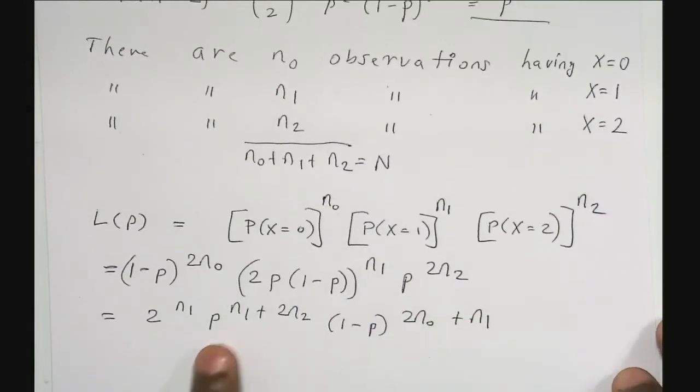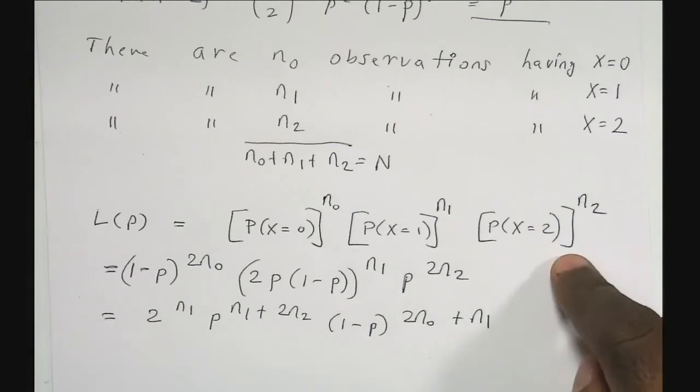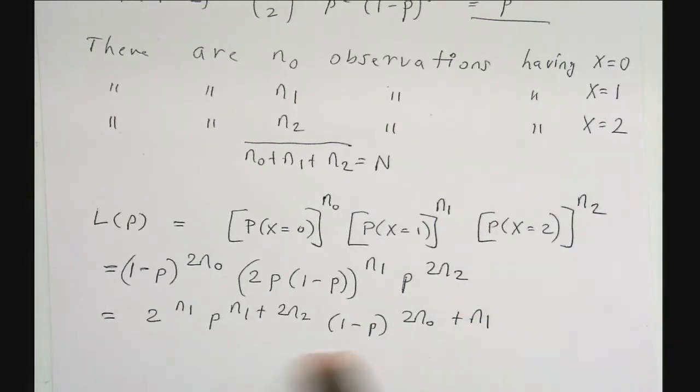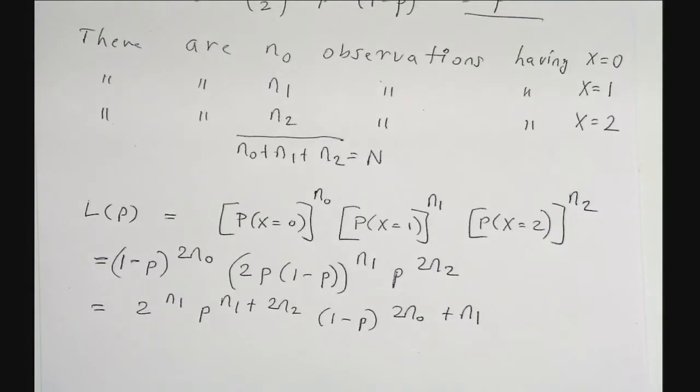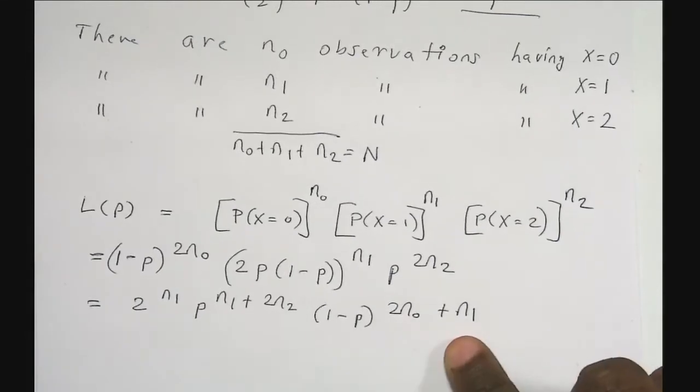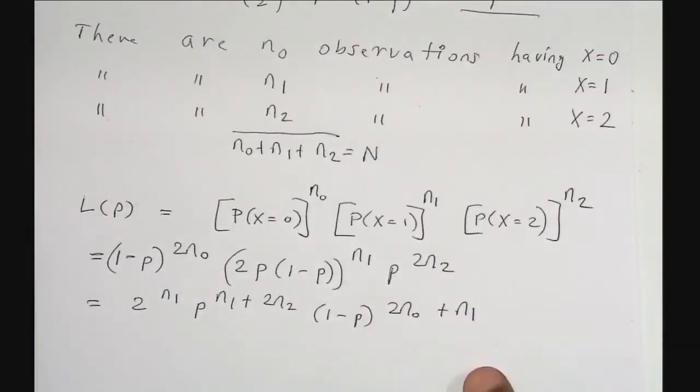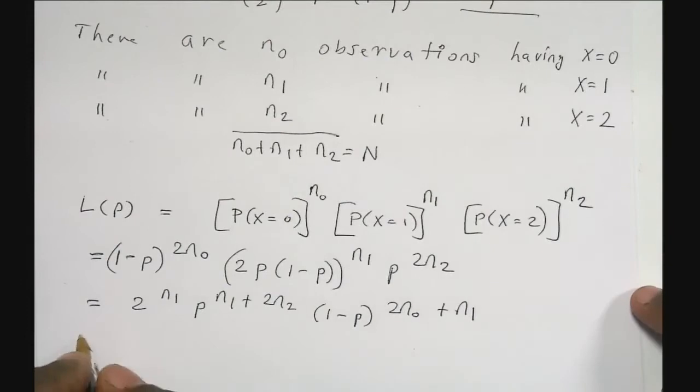So this is the likelihood function. The most difficult part of this question, the thing that troubled many of you last week, is to get this right. You should get this part correct, and the rest of the question is easy. The difficult part is just to go through this and get this right. Once you've done this, then you know what to do after this.